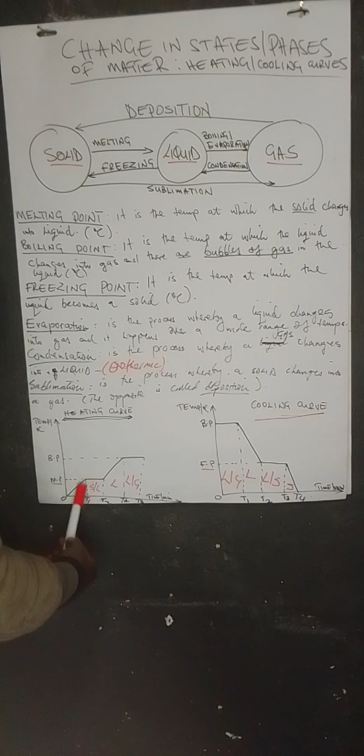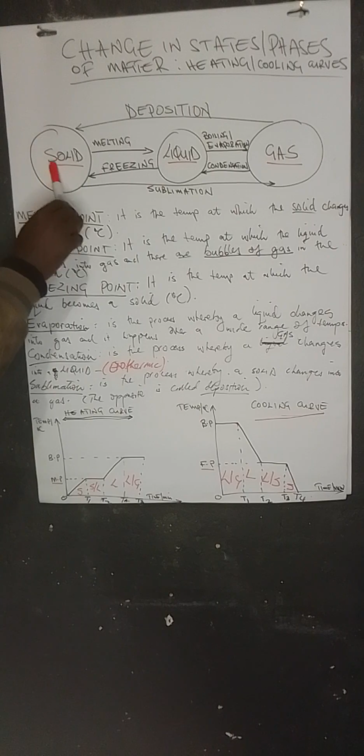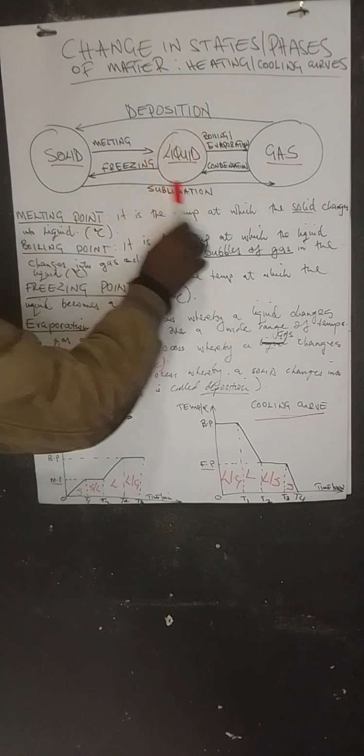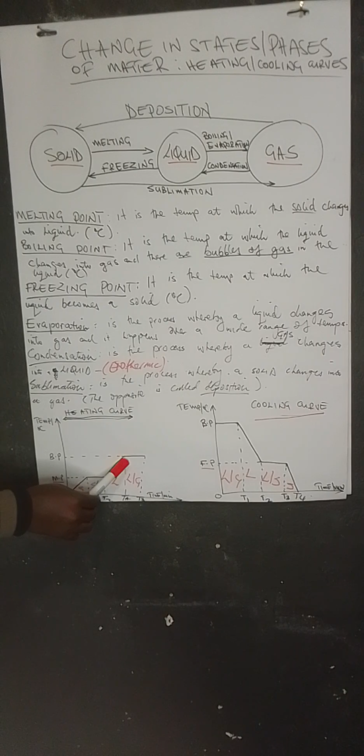Because the energy that you are supplying is being used to overcome the intermolecular forces of attraction between the solid particles as it changes into a liquid, and hence the temperature remains constant until all the solid has melted into liquid, upon which the temperature will start to rise again.